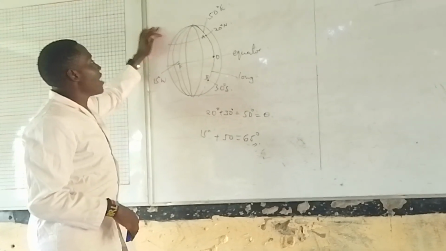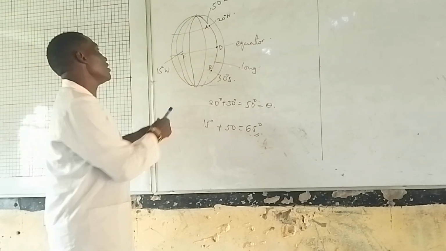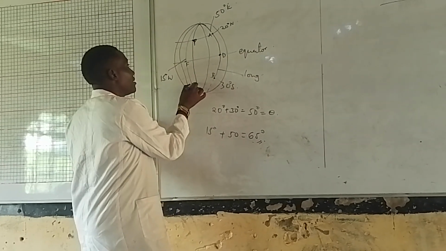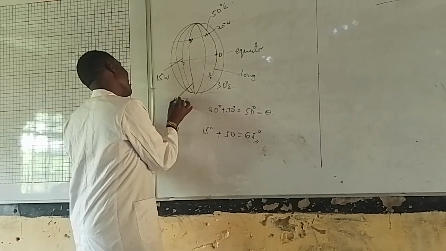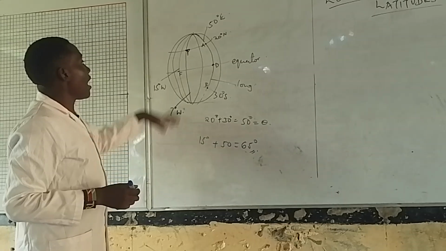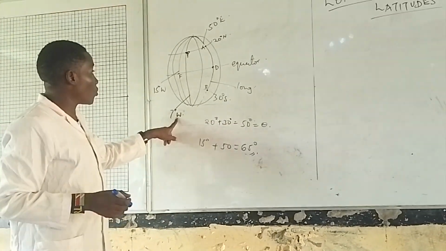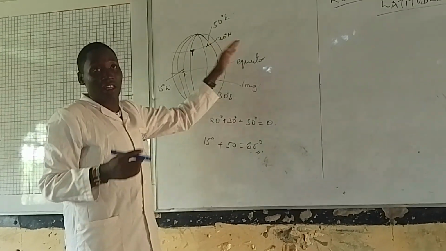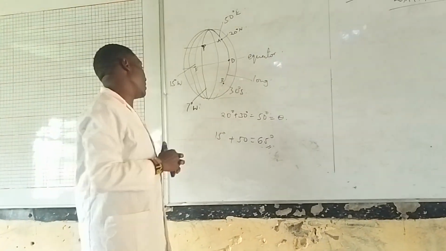If I was to get the angle difference between, let's say, point A and P, and at this point it is maybe 7 degrees west, and here I have 50 degrees east, it means if one longitude is in the east and the other is on the west, we add, because they are on opposite sides.